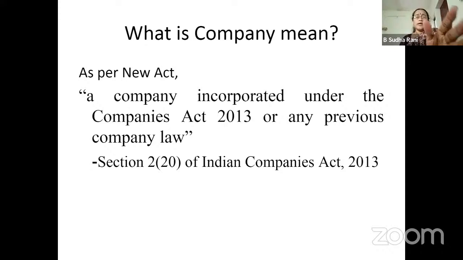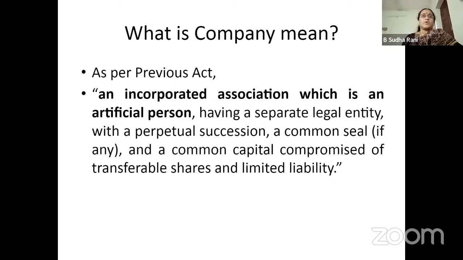So as mentioned, it's an artificial person. How did it become an artificial person? By registration. By registration it got its identity, and we recognize it with its name. This registration takes place as per the provisions of the Companies Act 2013.